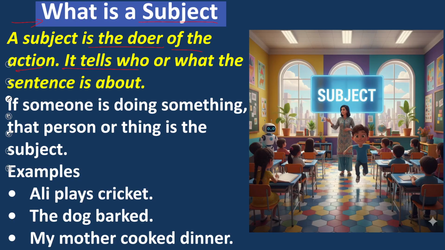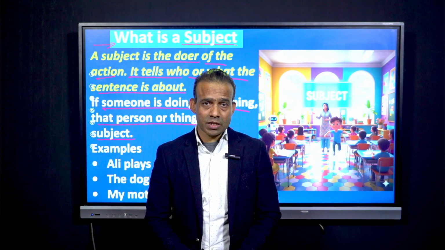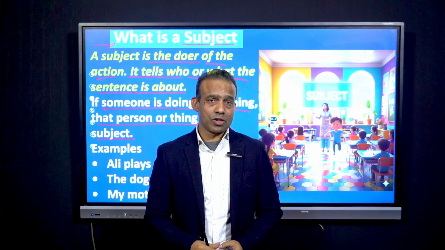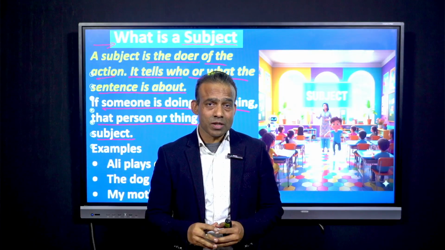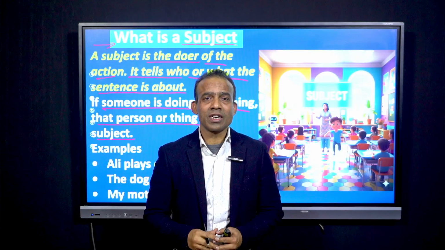It tells who or what the sentence is about. If someone is doing something, that person or thing is the subject. It means, dear learners, the subject basically is the doer or the performer in the sentence. The thing or the person who is performing an action is called the subject.